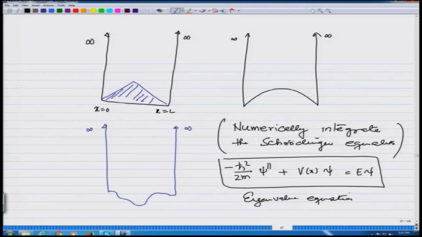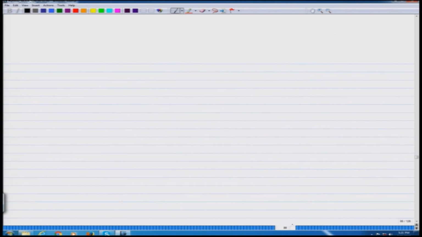That means I have to satisfy certain boundary conditions, then only the solution is acceptable. So, let me just review that.